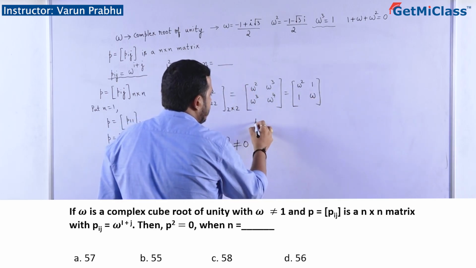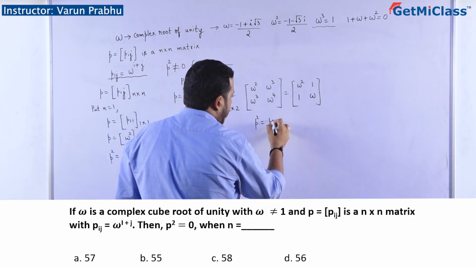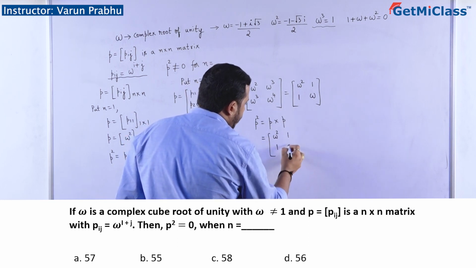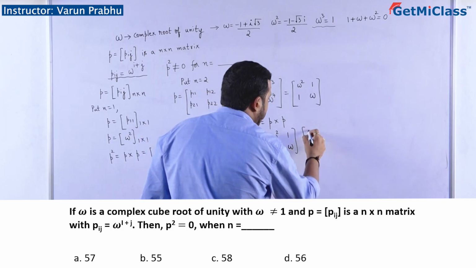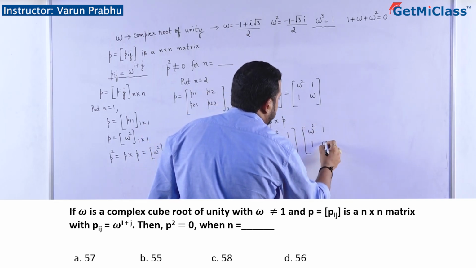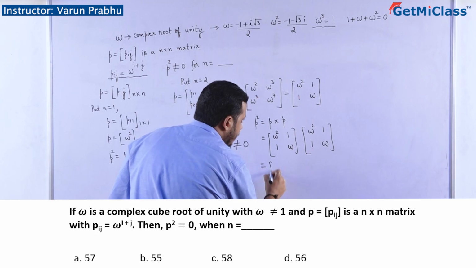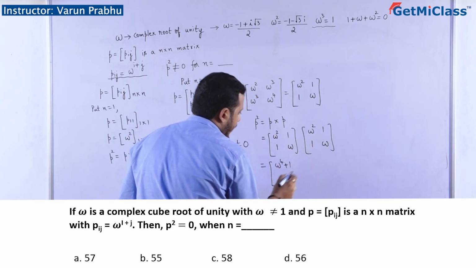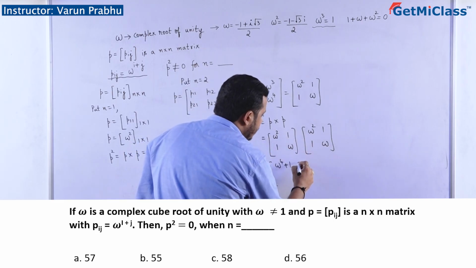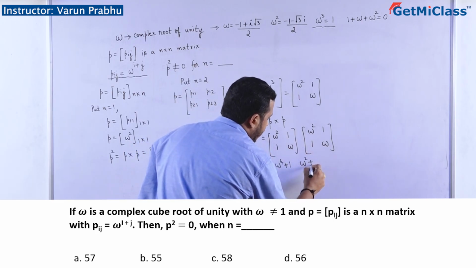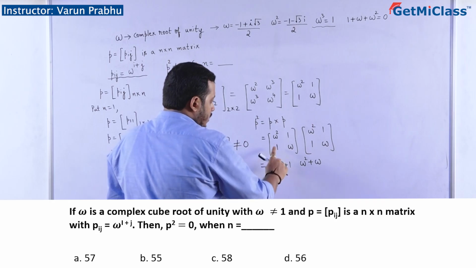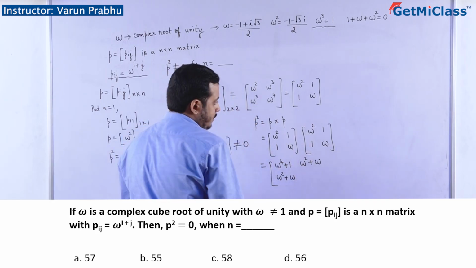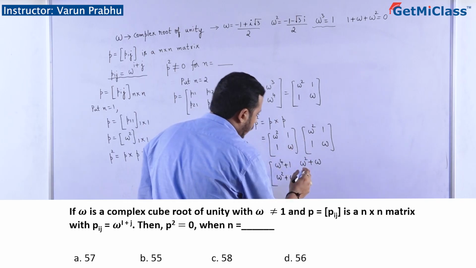So we can write P square, that is equal to P into P. That is nothing but omega square, 1, 1, omega multiplied by omega square, 1, 1, omega. What is the answer that we get? Omega to the power 4 plus 1, similarly omega square plus omega, omega square plus omega, and 1 plus omega.